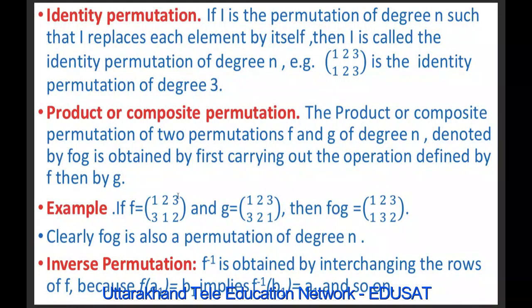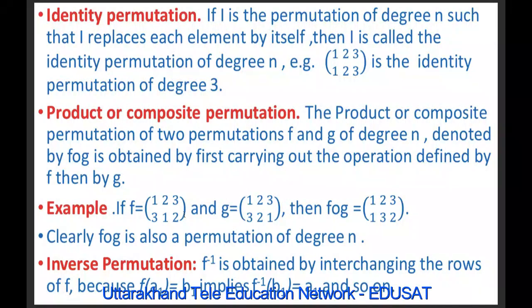For the element 3, the image under f is 2 and in g, the image of 2 is 2. So the image of 3 is 2 in f of g. So first we carried out the operation given in f, then we carried out the operation given in g for the element which we obtained by carrying out the operation in f.